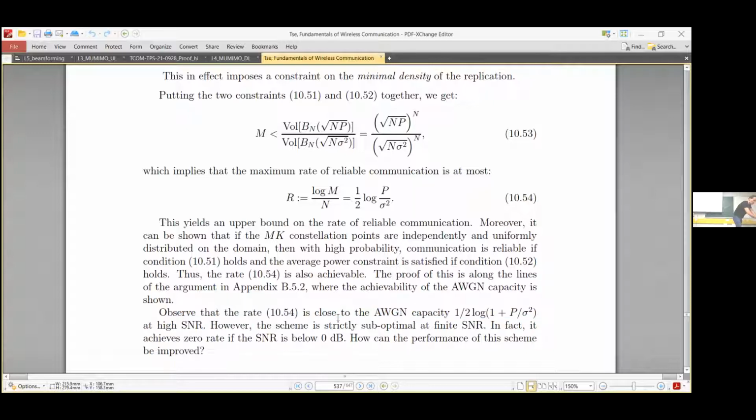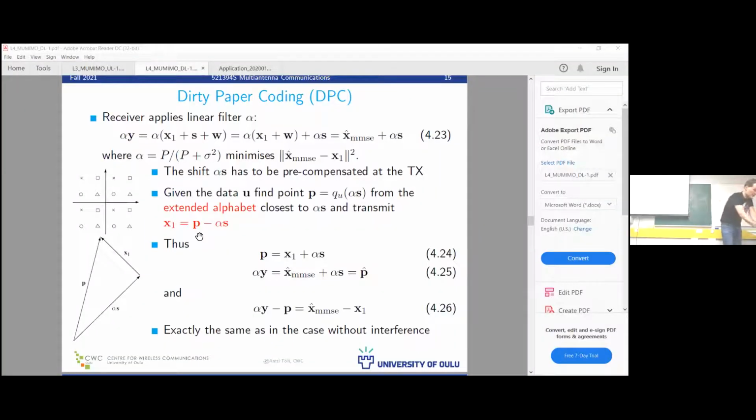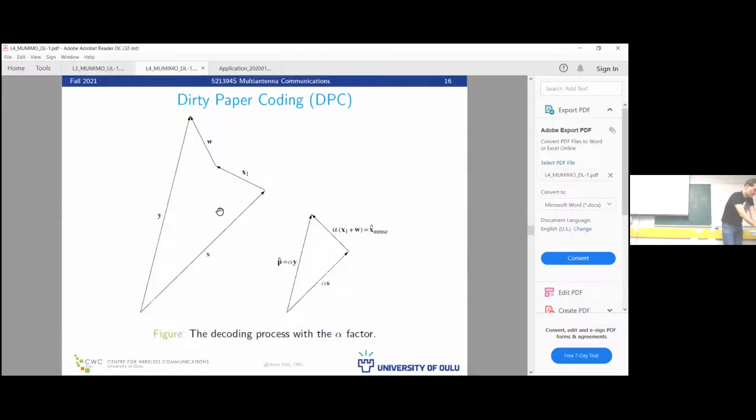Okay, so here we have just another illustration of this process. What we do here is that we have the known interference vector S, right? And then we design the X1 given the scaled alpha S. So basically the P vector would point to this point here.